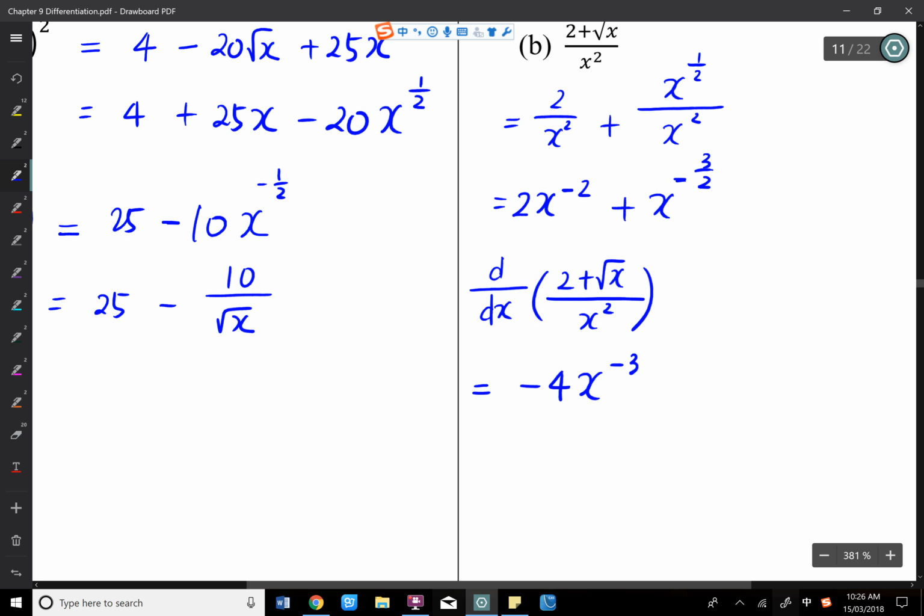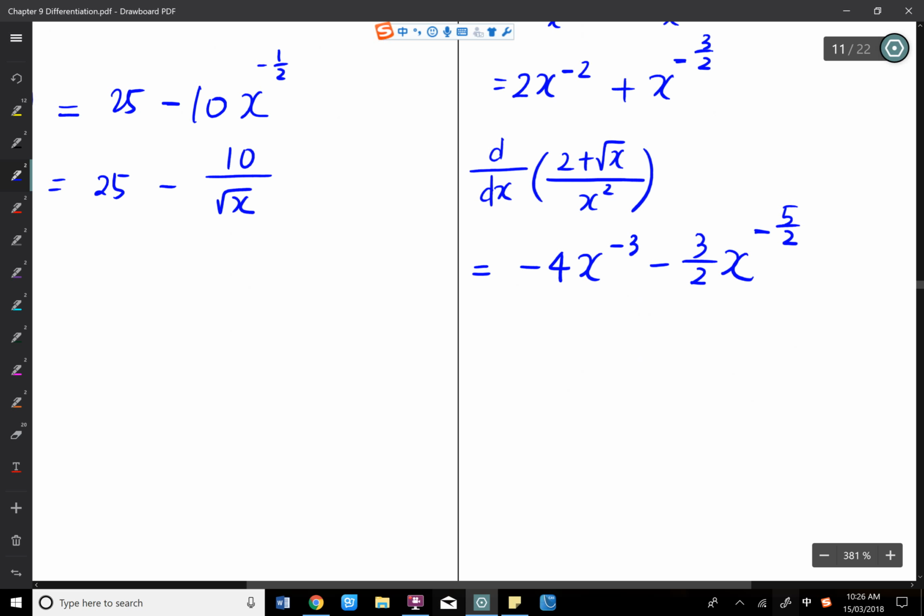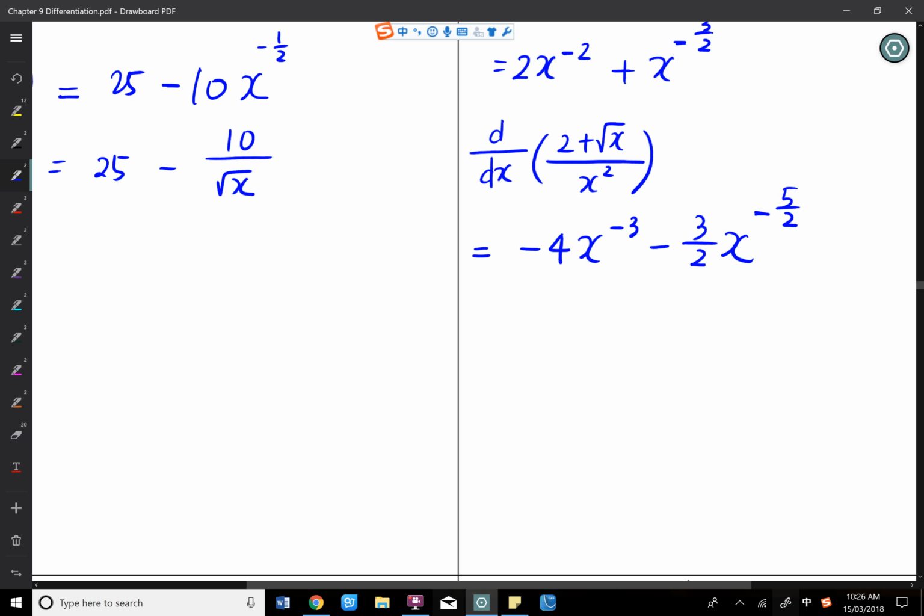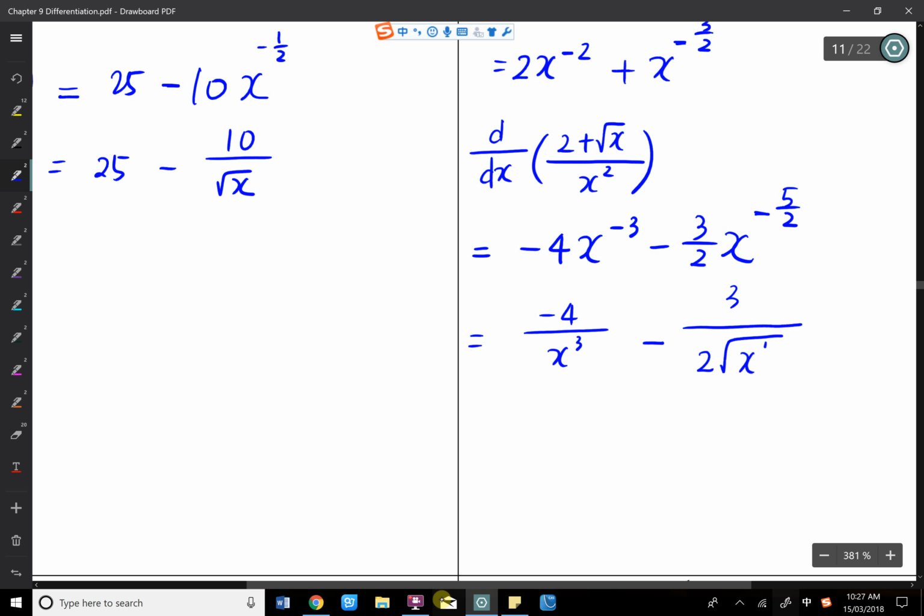You subtract 1, it's minus 3. Minus 3 over 2 x to the power of minus 1 is 5 over 2. So that's minus 4 over x to the power of 3 minus 3 over 2x to the power of 5 over 2. Or I can say that's 2 root x to the power of 5.